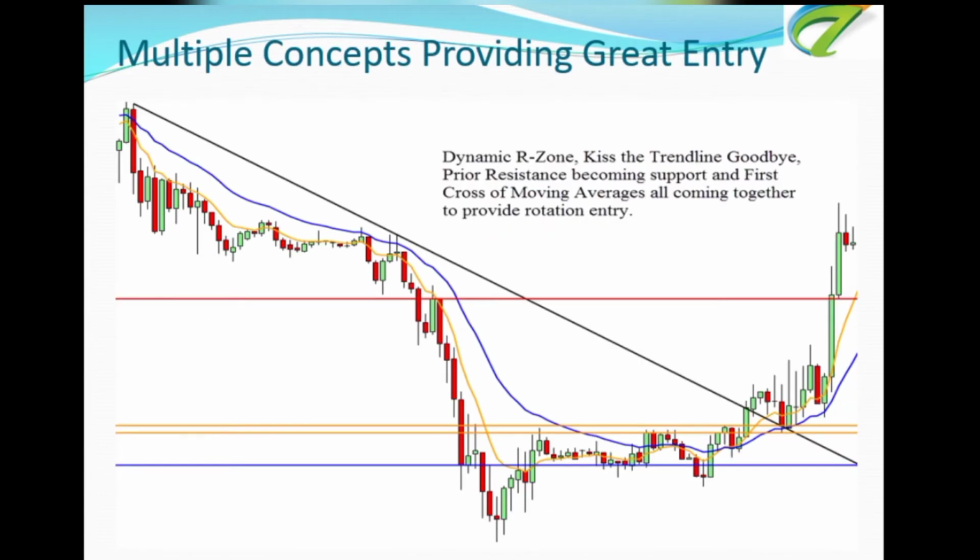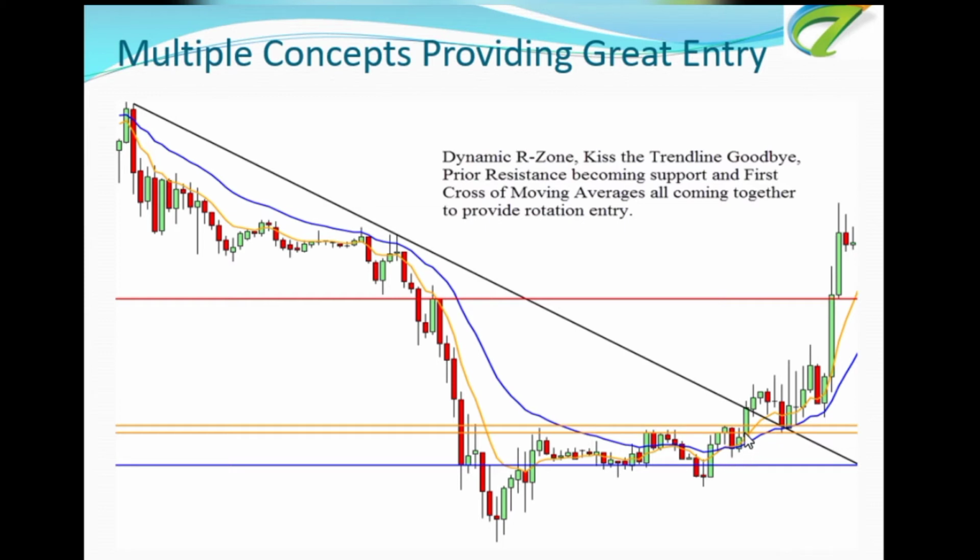Dynamic R zone here, kiss the trend line goodbye after this breakage on this second test here, prior resistance becoming support here, and the first cross of moving averages all coming together.